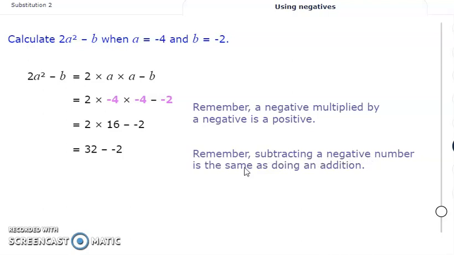Subtracting a negative number is the same as doing an addition. So you are subtracting a negative number from 32, so it is the same as addition. That means you need to add 32 and 2, which is 34.